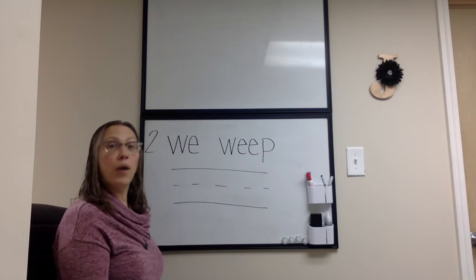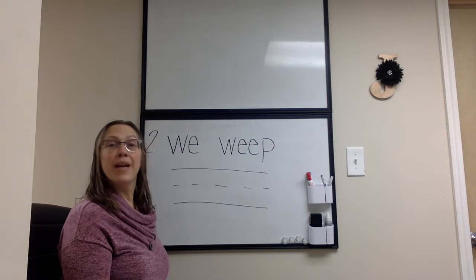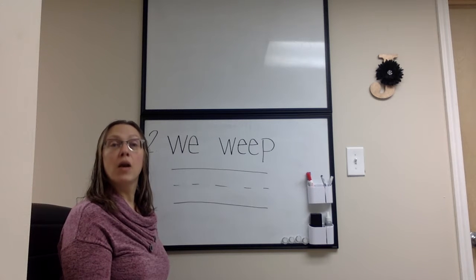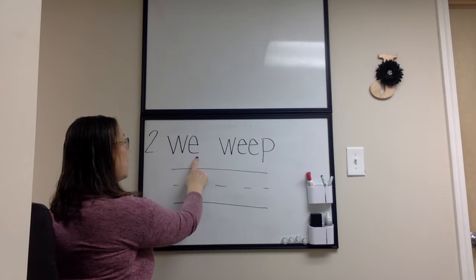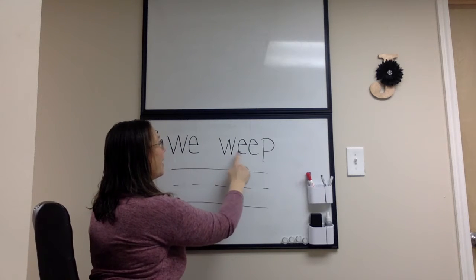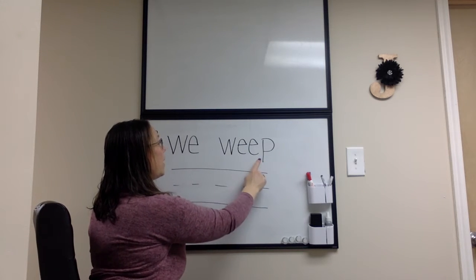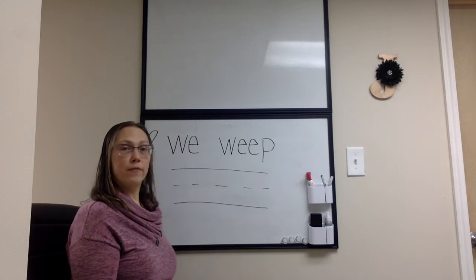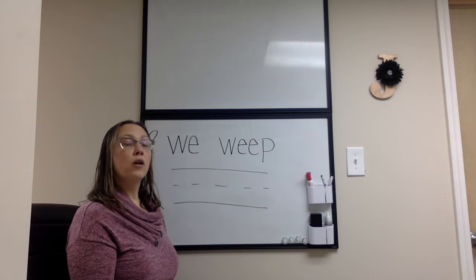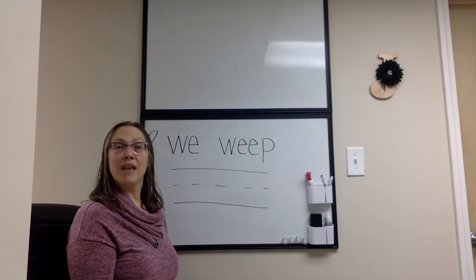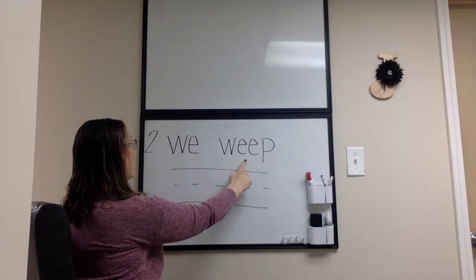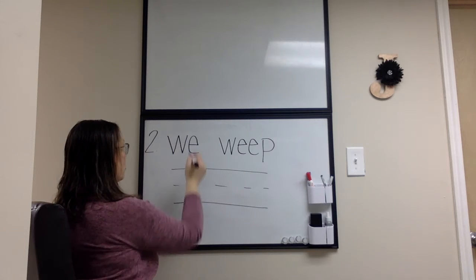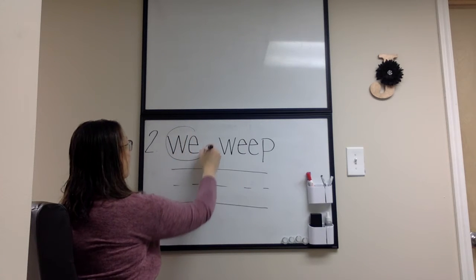So let's practice both words and see which one says we. W-E, we. W-E-E-P, weep. We have to circle we. Point to the word that says we. We, weep. Let's circle the word we.